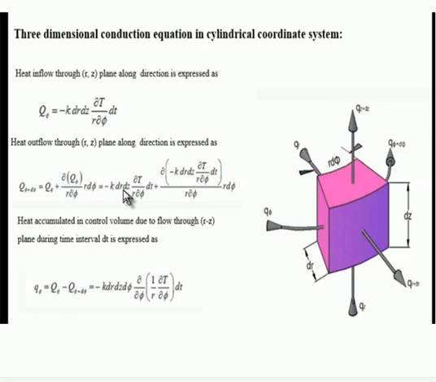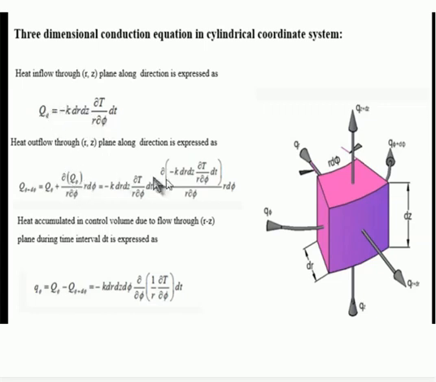Q phi is given here, minus k dr dz dou t by r dou phi, so whatever term is given in this equation is substituted here.